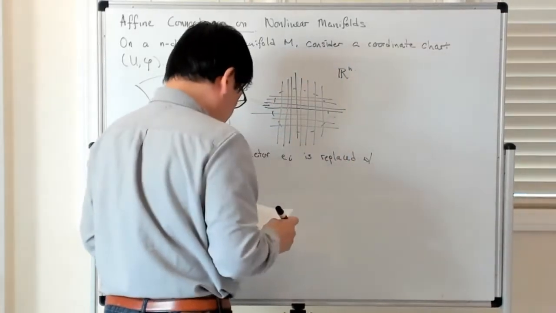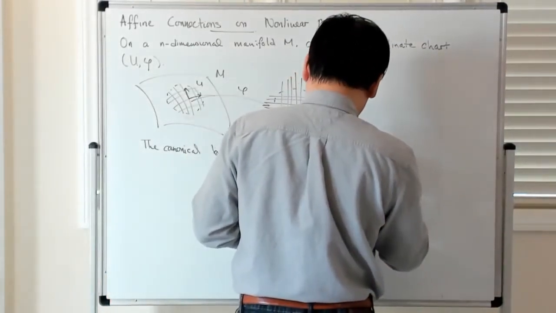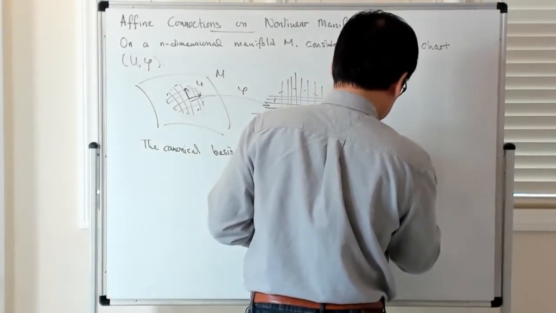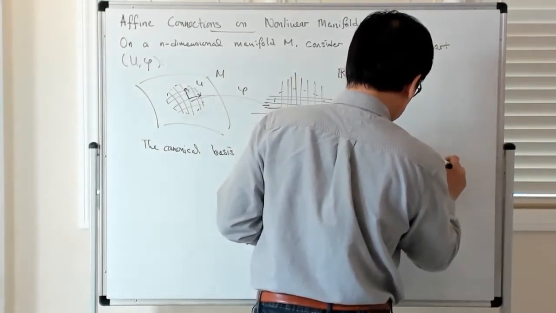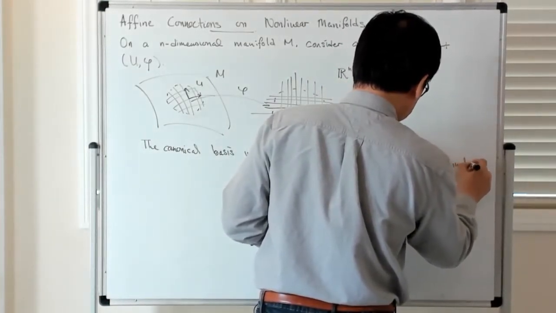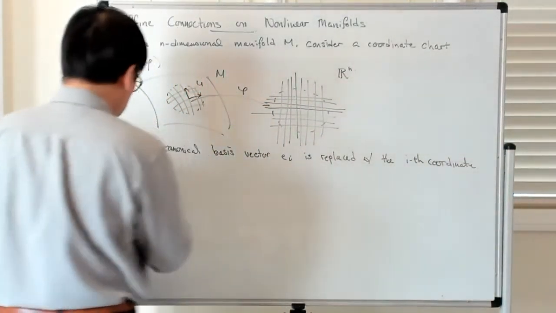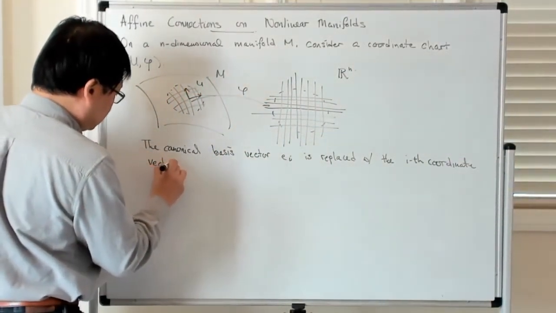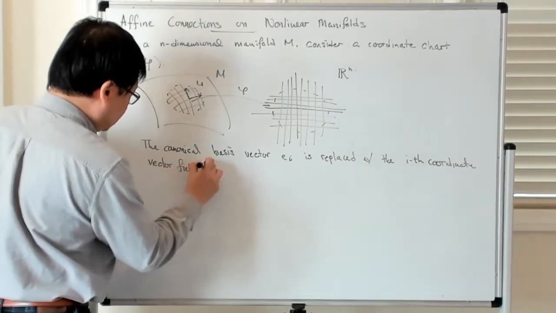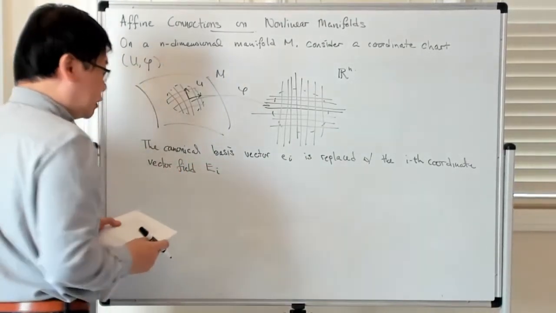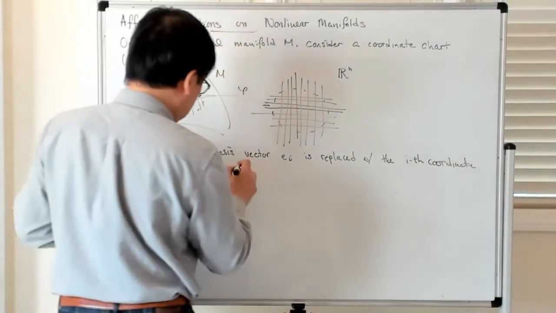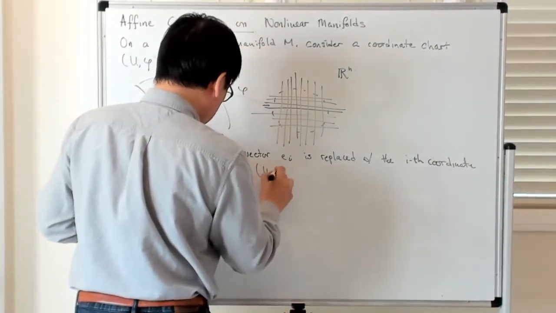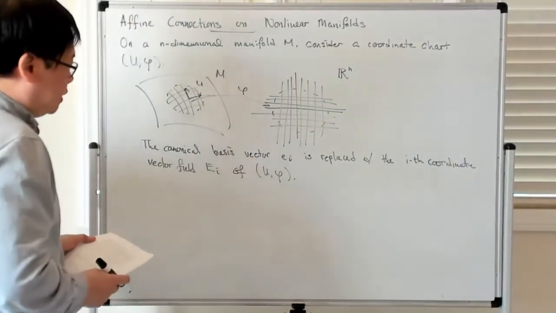is replaced with the ith coordinate vector field. Let's call it big E_i, of this coordinate chart.